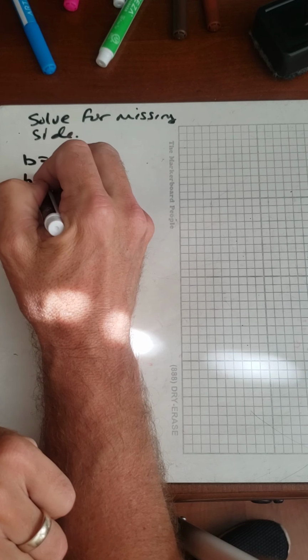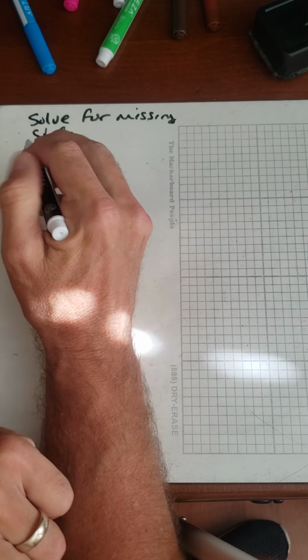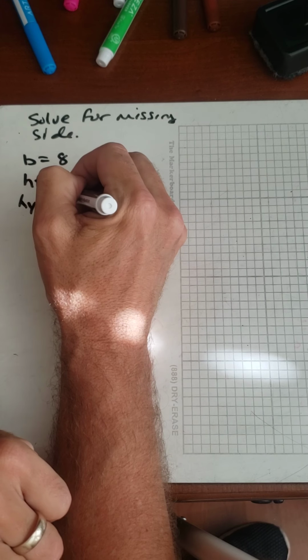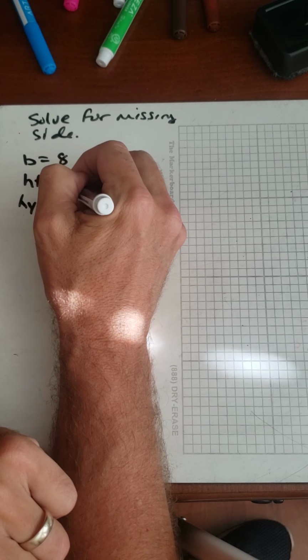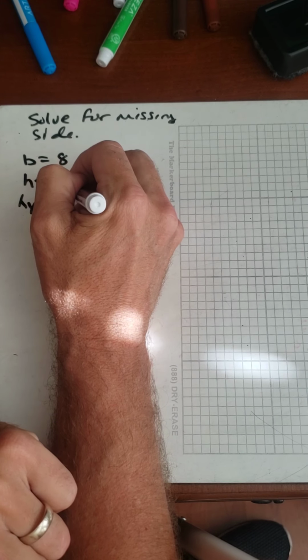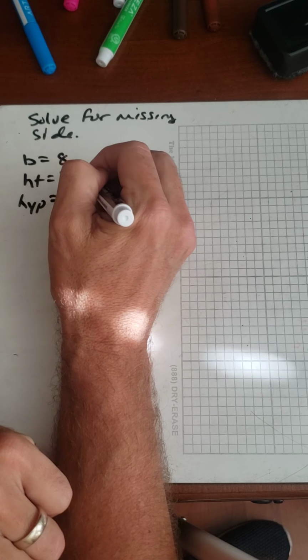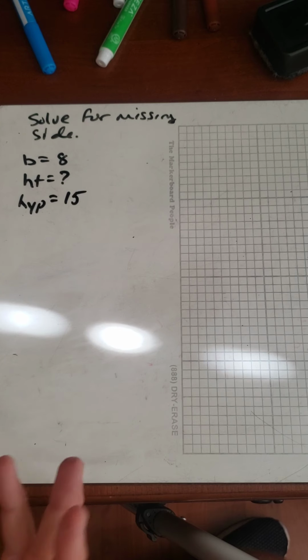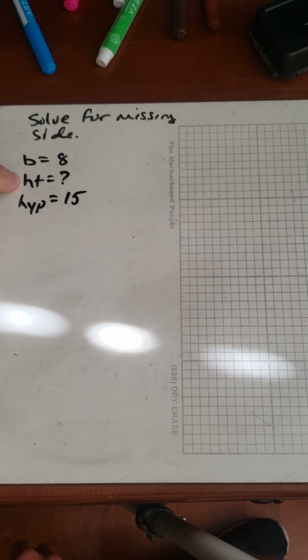The height we don't know, and the hypotenuse equals 15. Okay, so this is going to be a right triangle because I'm going to find the exact height that will make this a right triangle.